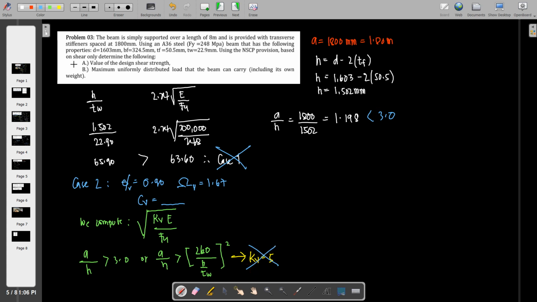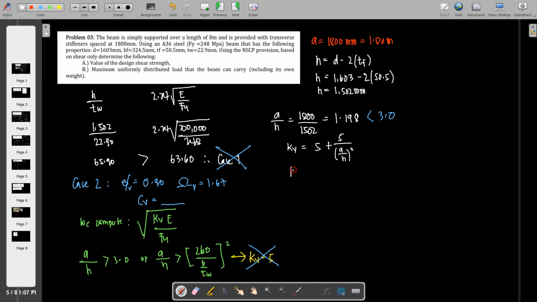Otherwise, KV shall be calculated with the formula equal to 5 plus 5 all over A over H, this is squared.